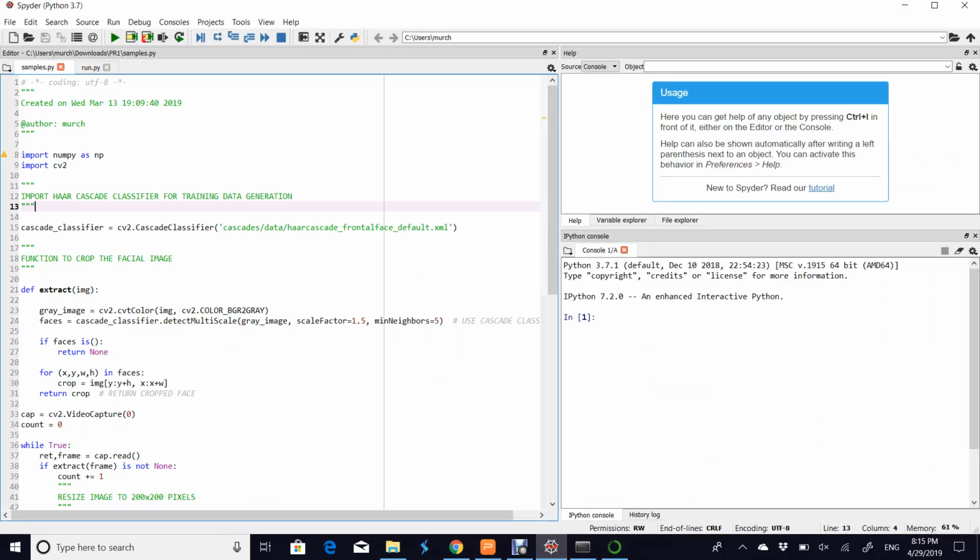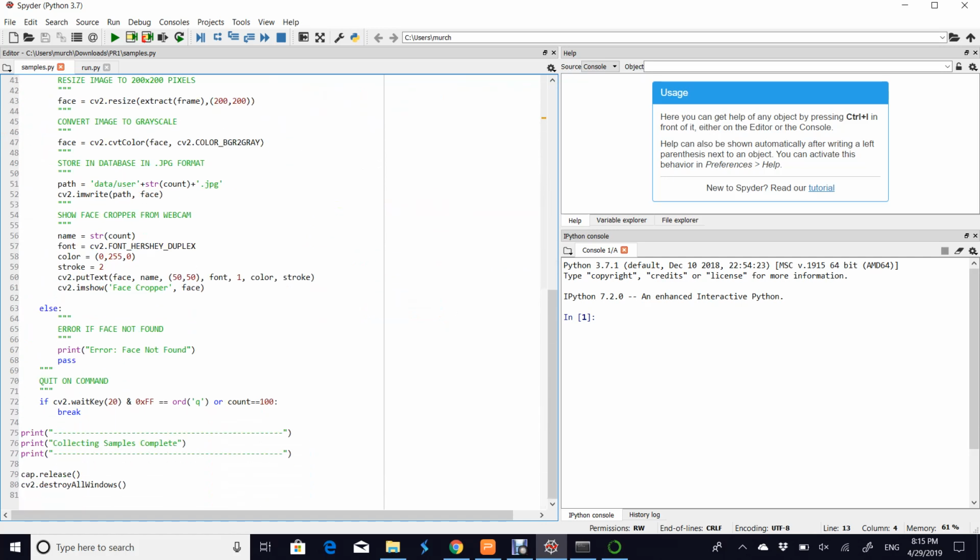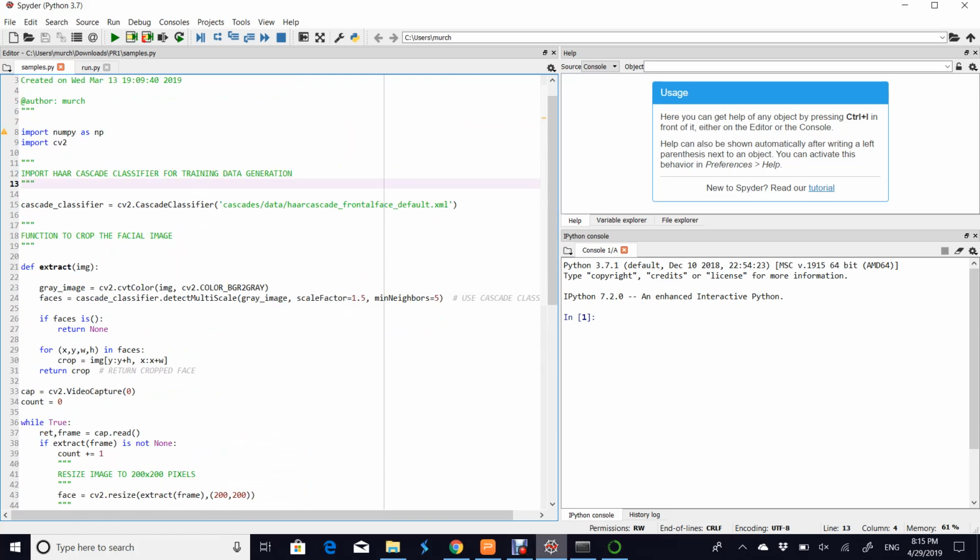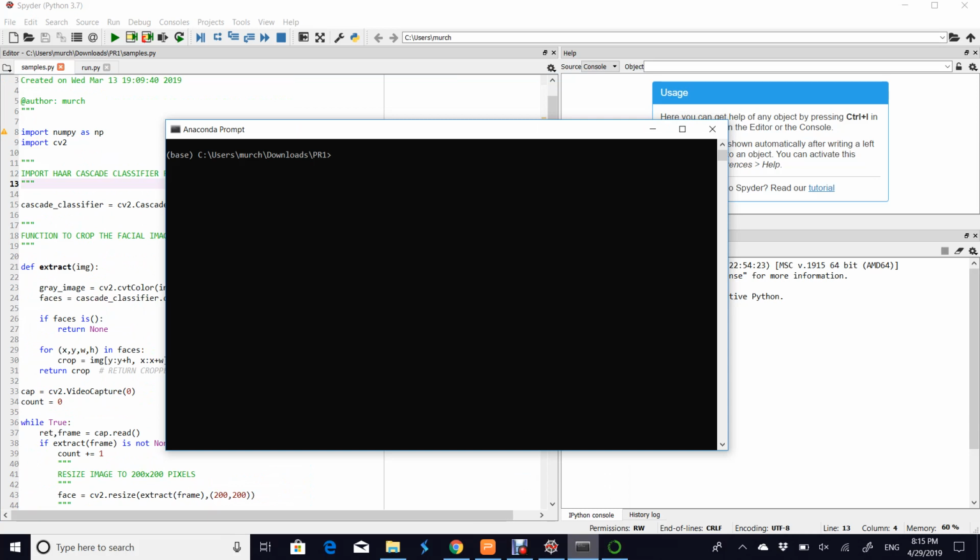This is the first algorithm in which we are going to crop the image and collect the samples. So let's do that.